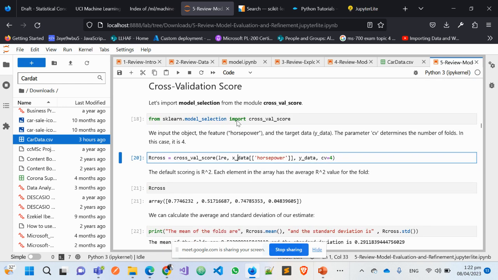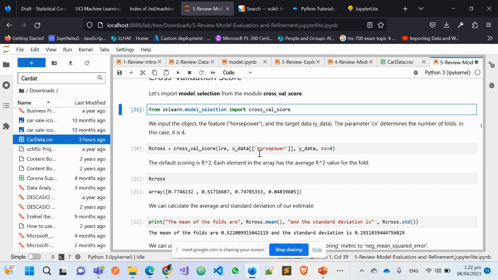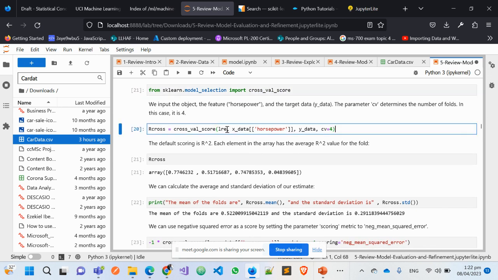Now we have imported the library on model selection from scikit-learn, and moving on, we are applying our linear regression with our X data on horsepower. The Y data is the data set of the predicted variable, which is the price.